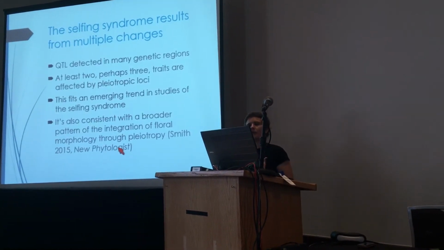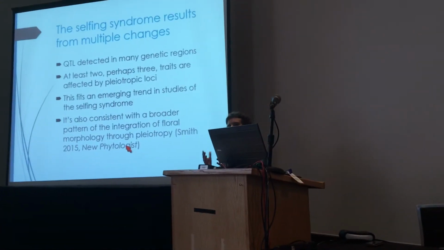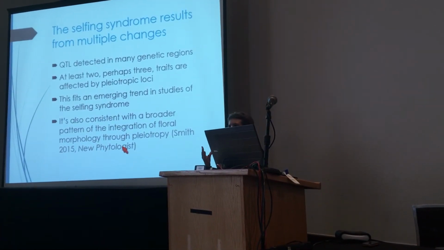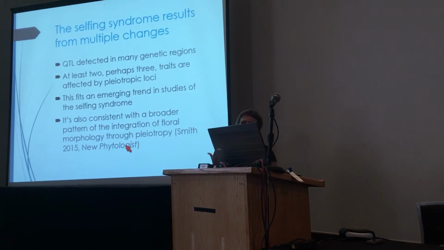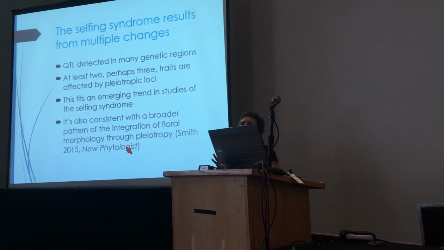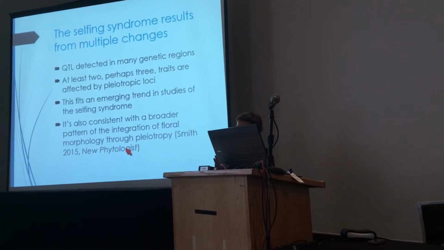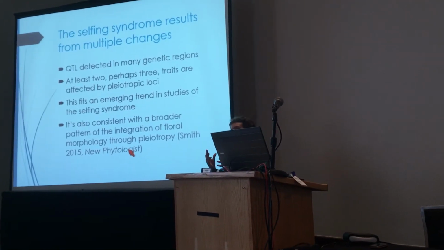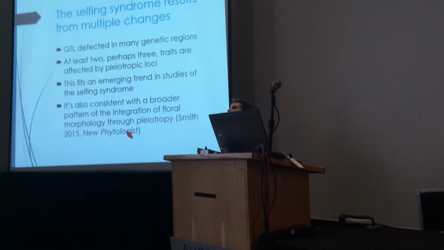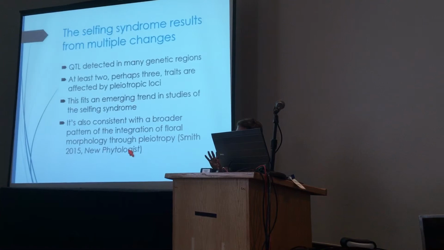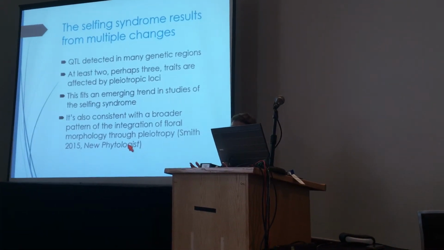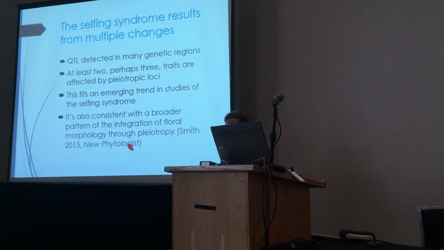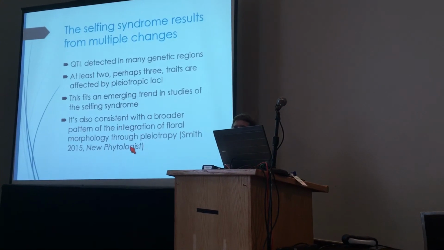It also fits with some ideas about how floral morphology is integrated as a unit. A recent review on how floral changes happen in a correlated way asserted that you have multiple loci affecting multiple traits, not just in the selfing syndrome, but in general in the genetic architecture of how flowers work.